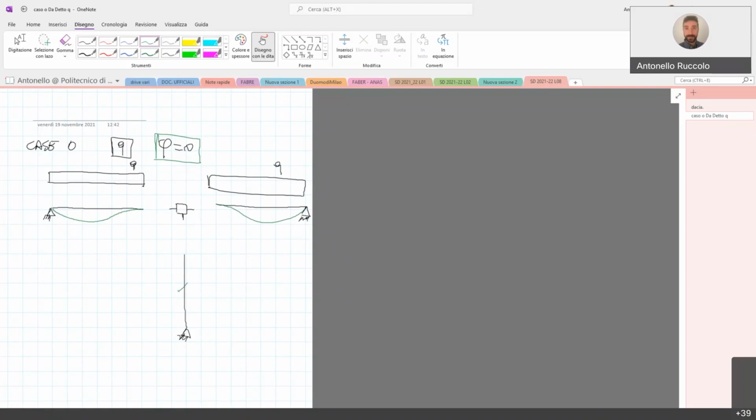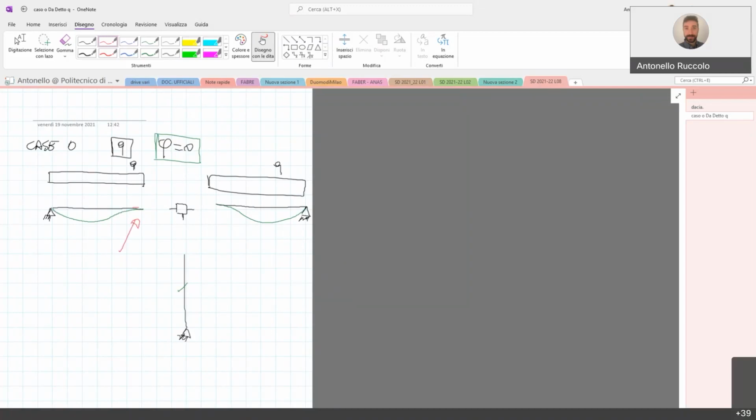Now let's consider this deformation means that some forces are applied on the beam. Let's ask ourselves, what is the effect of the node B on the deformed shape of the beam A? Specifically, I'm talking about this point.